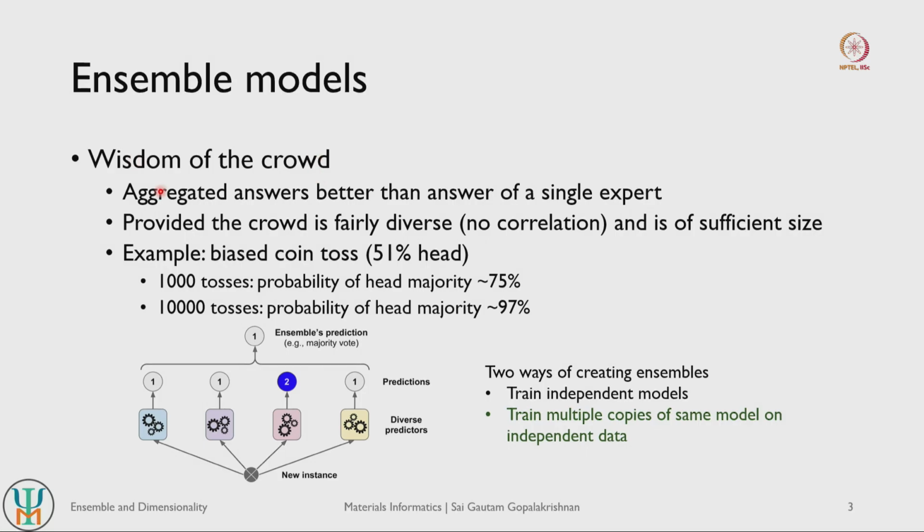So let us say you want to do a classification task, and you have one decision tree model which only has an accuracy of about 51%. So it is slightly better than a random model, a model that gives random chance.